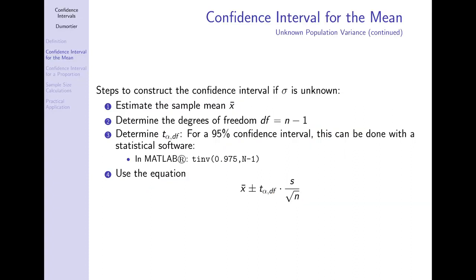Okay? Now, based on the confidence level that you are interested in and the degrees of freedom, you have to determine the t-value. Okay? So to determine the critical value with MATLAB, you can type tinv, or t-distribution inverse, parentheses open 0.975, comma, and then the degrees of freedom, which is 35.